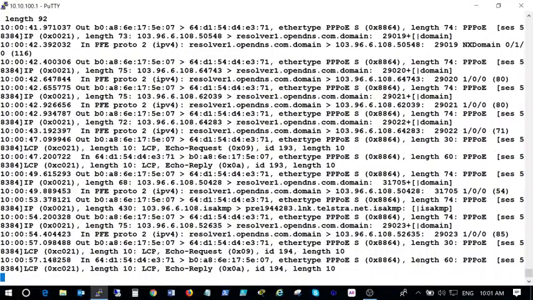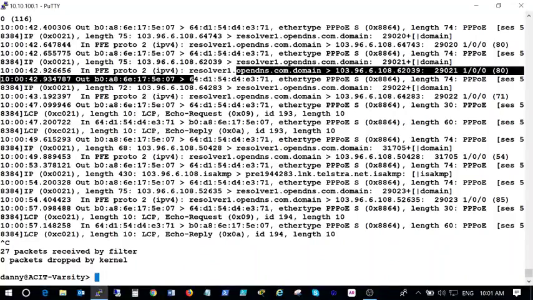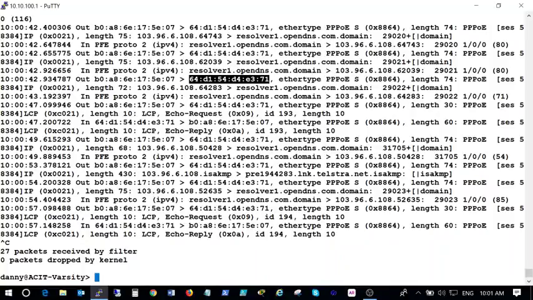If I just stop that there, you might notice that the source address for the packet going out and the destination address for the packet going out is actually swapped around for the packets coming in. So the destination becomes the source and the source becomes the destination.